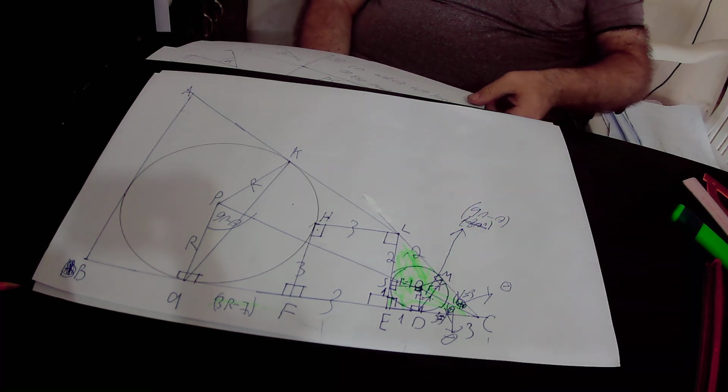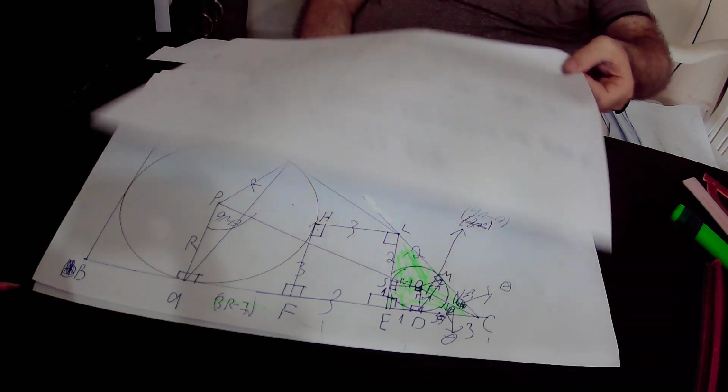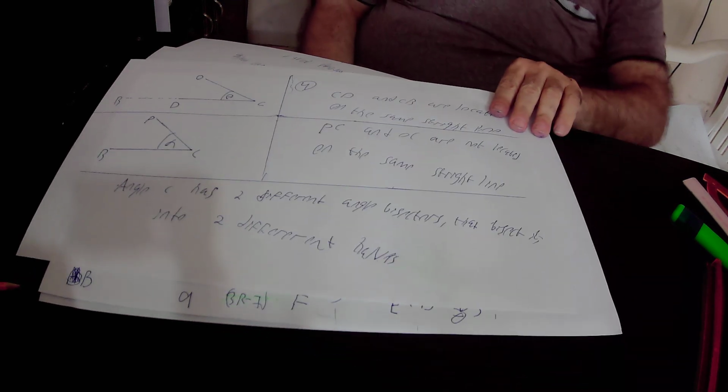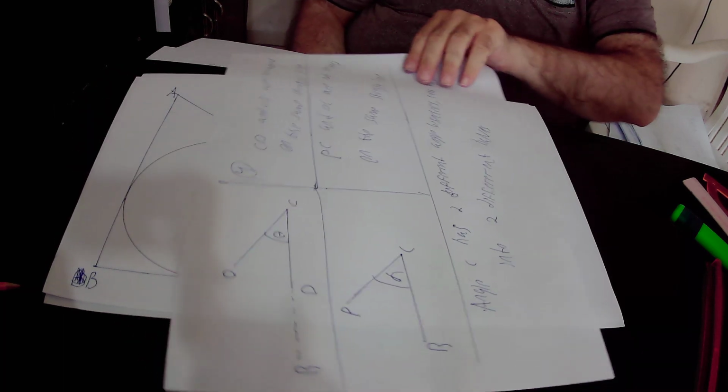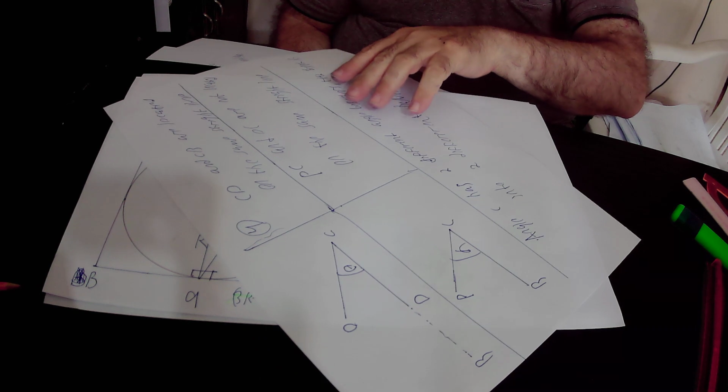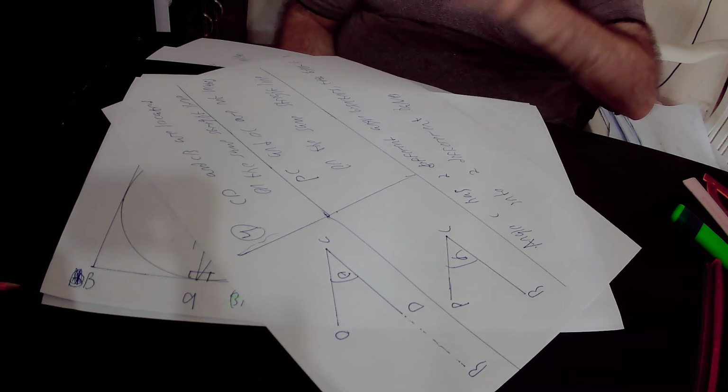Okay? So here, PC and CO are not located on the same straight line according to our assumption.